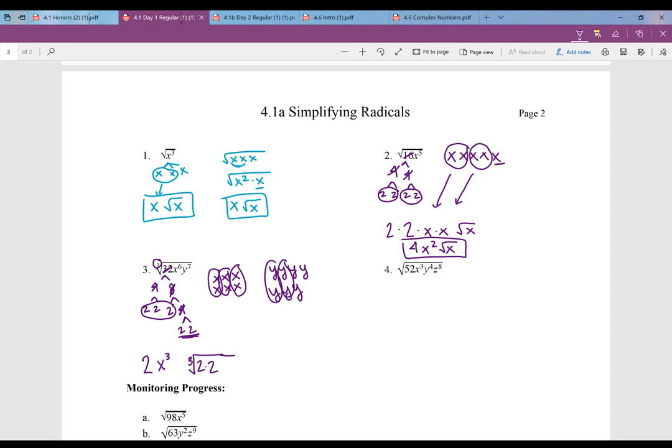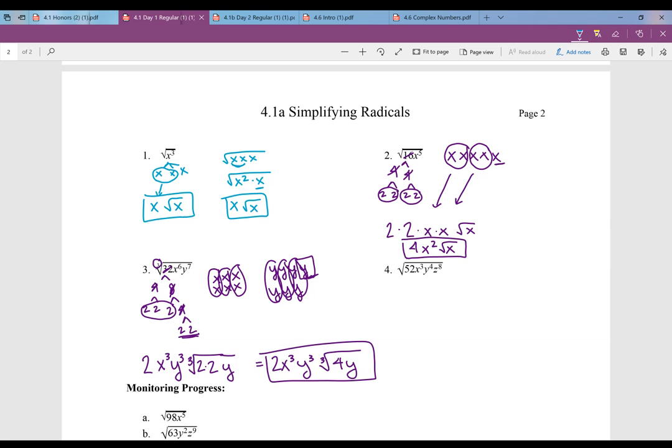So we have 1, 2, 3 groups of 2, and then we have 1 left over. So we're going to pull out 3 y's, and then we have 1 y left under the root because it doesn't have a partner to bring it out. So our final answer, we have 2x cubed y cubed, and we have the cube root of 2 times 2 is 4y.